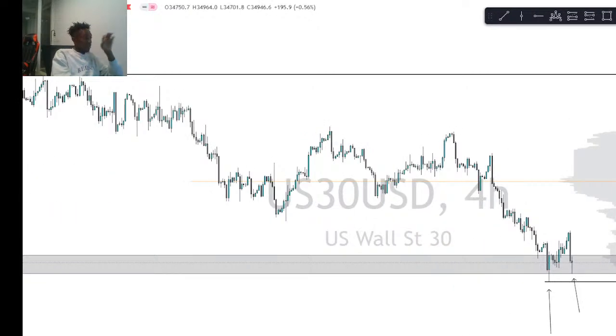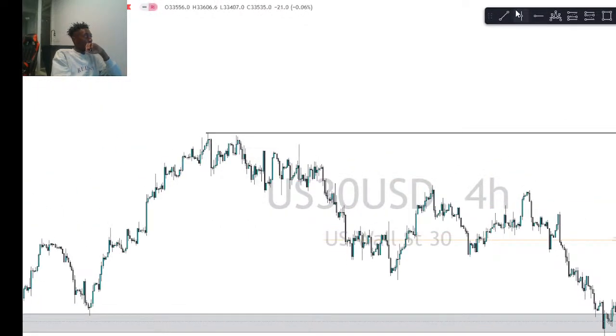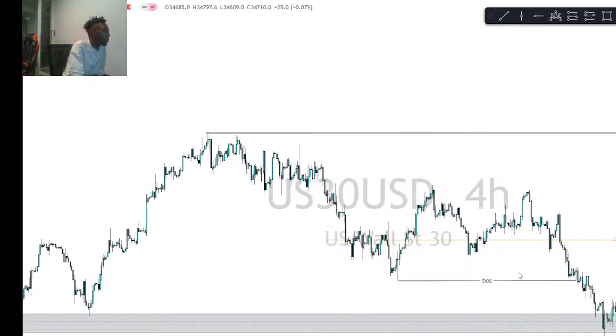We have seen our demand zone, and then we also have a break of structure. From there the market was pushing heavy to the downside. We have a break of structure here, and there, and the market was definitely breaking structures to the downside.